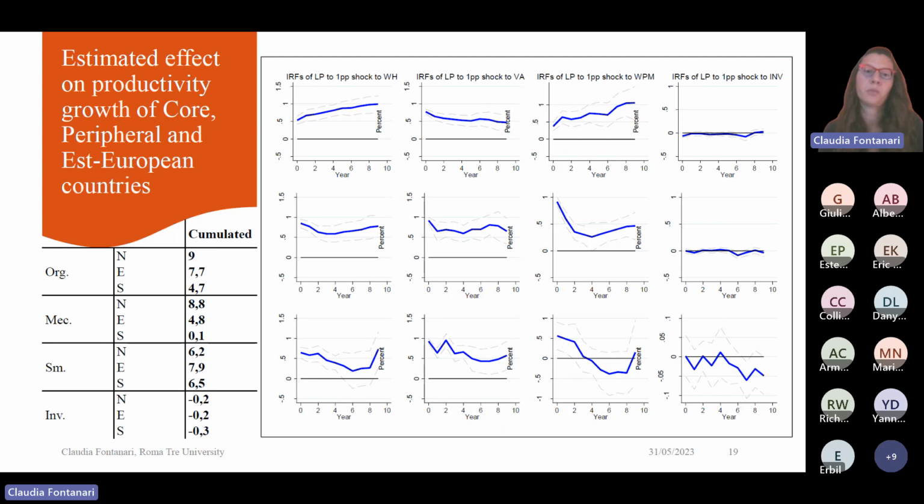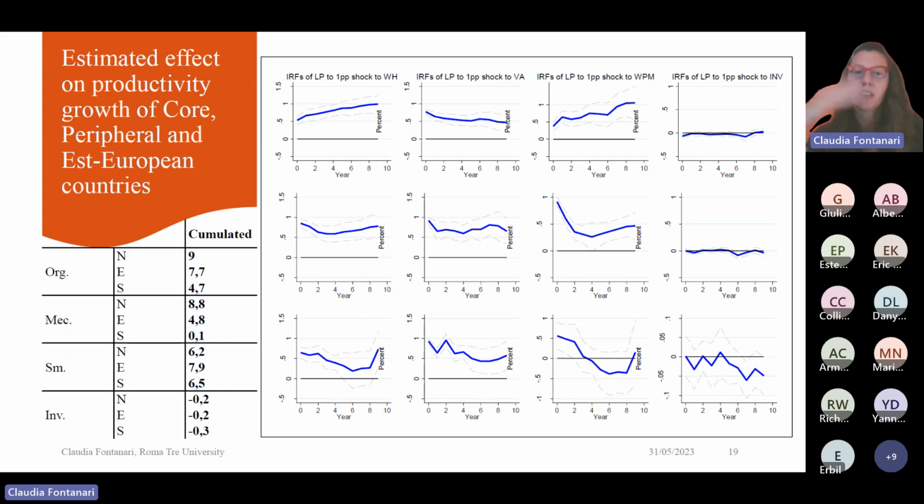Finally, the comparison within different groups of countries. Okay, I don't know why the picture has changed, but the first line is core countries. The second line is Eastern European countries. The bottom line is Mediterranean, Southern periphery countries.